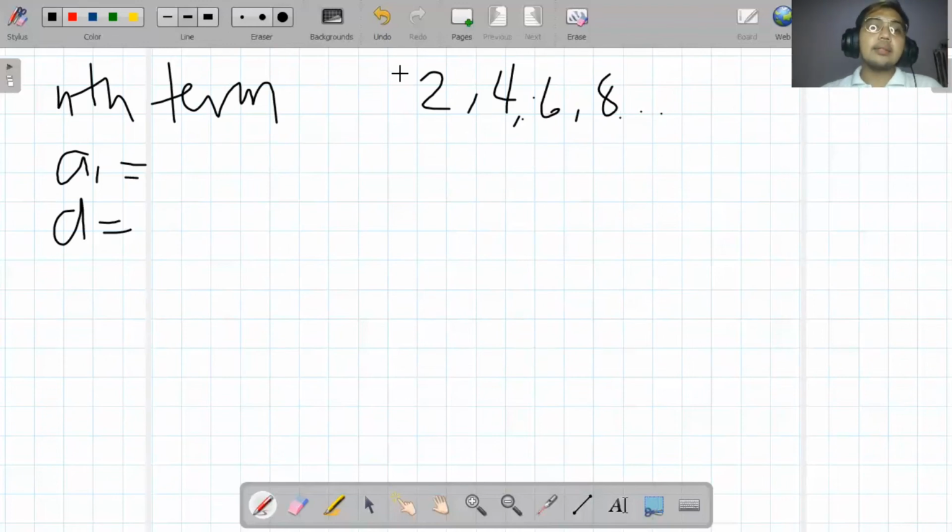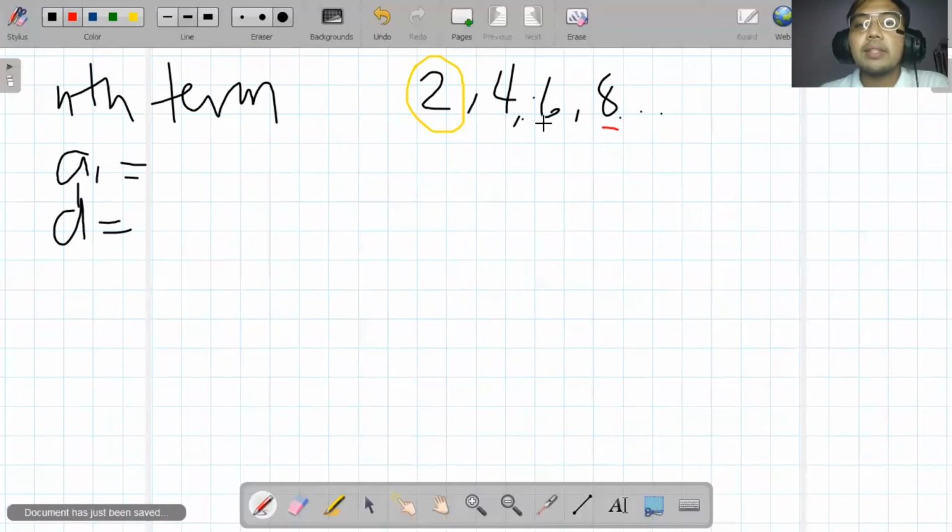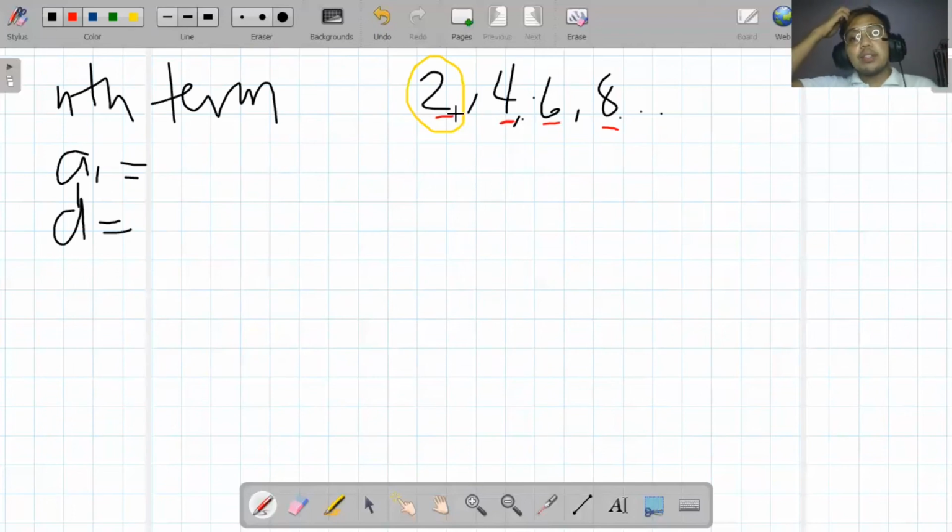2, 4, 6, 8. My A sub 1 is positive 2. And then for the common difference, we subtract the latter minus the previous: 8 minus 6, 6 minus 4, 4 minus 2. Fourth minus third, third minus second, second minus first.